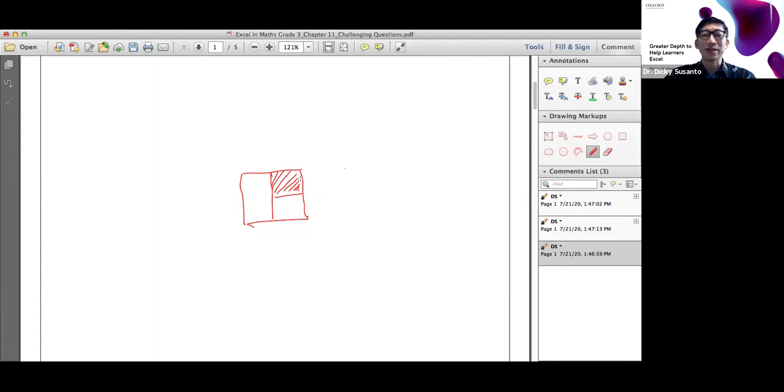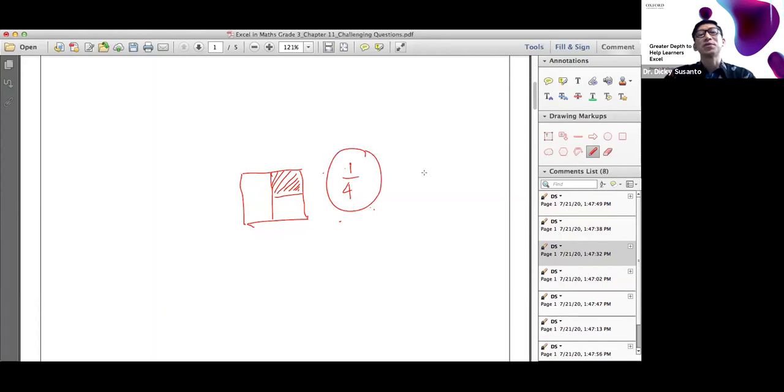But can we still identify what fraction is that part? Well, yes. The answer is still yes. It is still 1/4, even though I don't have that line clearly drawn to show the fourth. Students might even say, oh, there are only 3 parts, right? There are 3 parts, but they're not equal parts. Okay, but it still is a fraction, which is 1/4.